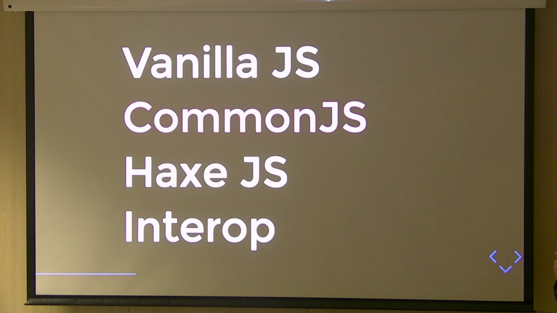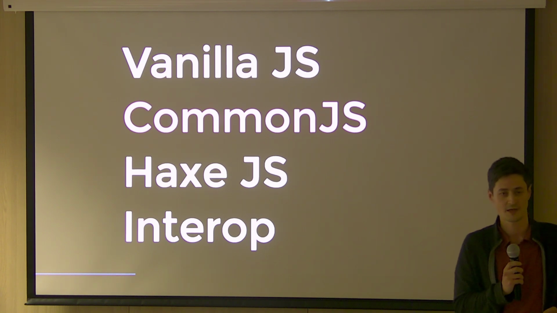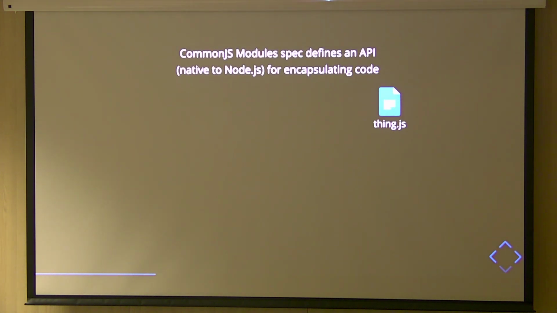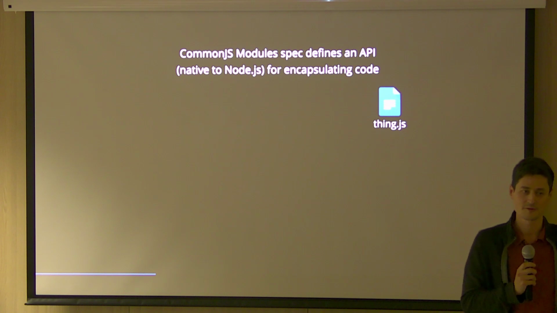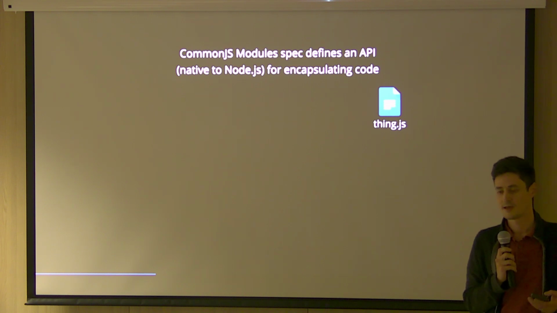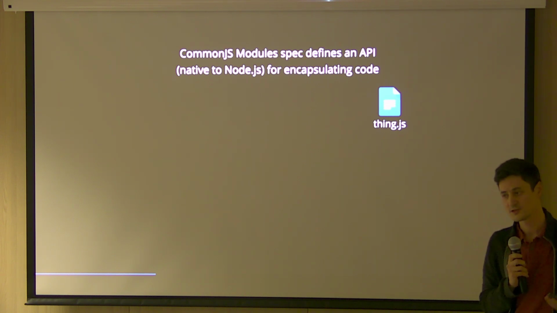It has been standardized through the CommonJS working group, and they've defined the CommonJS modules specification, which is an API to encapsulate private code and expose an API, and there's a way to write this code and consume it.